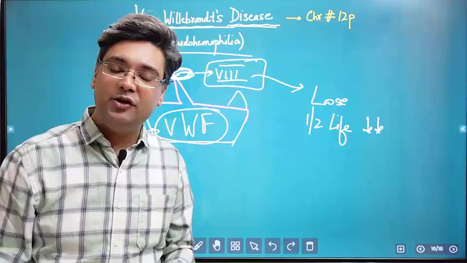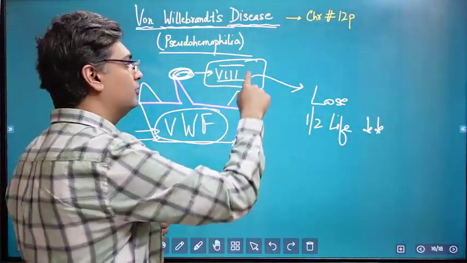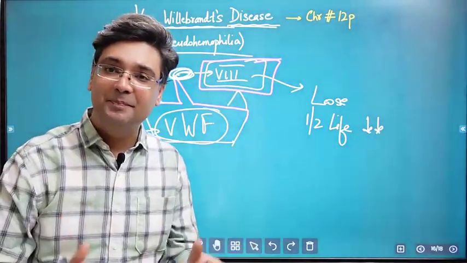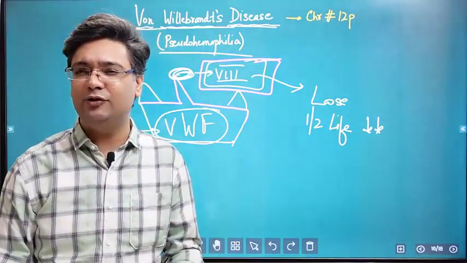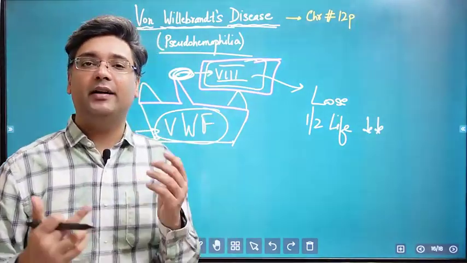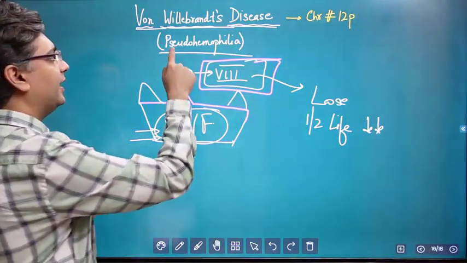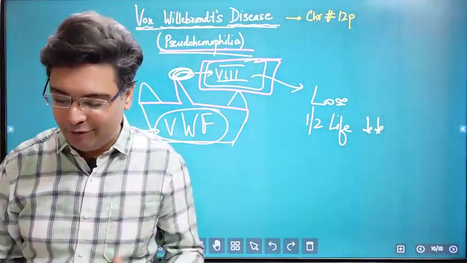So those patients who have a deficiency of von Willebrand factor will also start showing the symptoms of hemophilia A, because in those patients factor 8 is easily destroyed, and its half-life is drastically reduced, and this is why you have the name pseudo hemophilia.